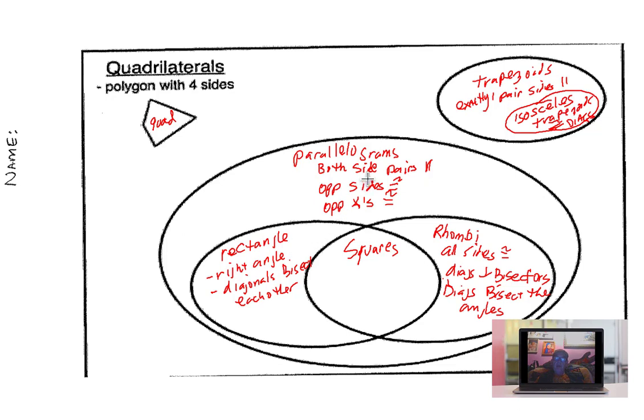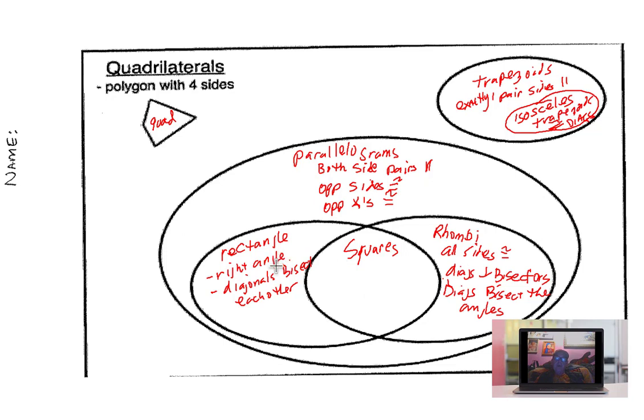Now, a rectangle is a parallelogram, so all this stuff holds, except in addition, a rectangle has right angles, and the diagonals bisect each other. A rhombus is a parallelogram, so all this stuff holds. But in addition, in a rhombus, all the sides are congruent, and the diagonals are perpendicular bisectors of each other, and diagonals are angle bisectors.